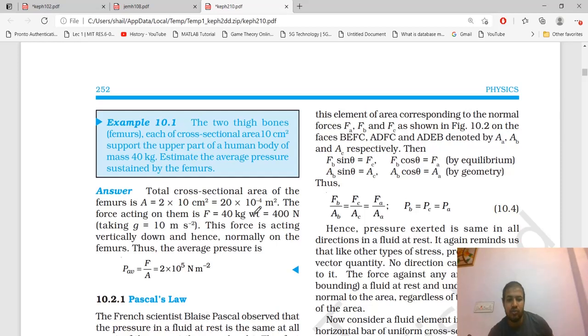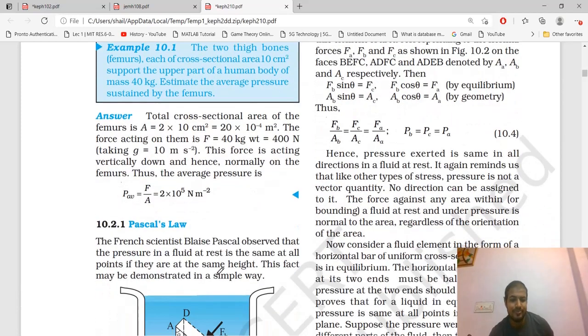The force acting is the 40 kg weight multiplied by g, which gives 400 Newton. This force is acting vertically down and hence normally on the femurs. Thus the average pressure is P average equals F by A. So we divide 400 by 20 and get 2 into 10 to the power 5 Newton per meter square.